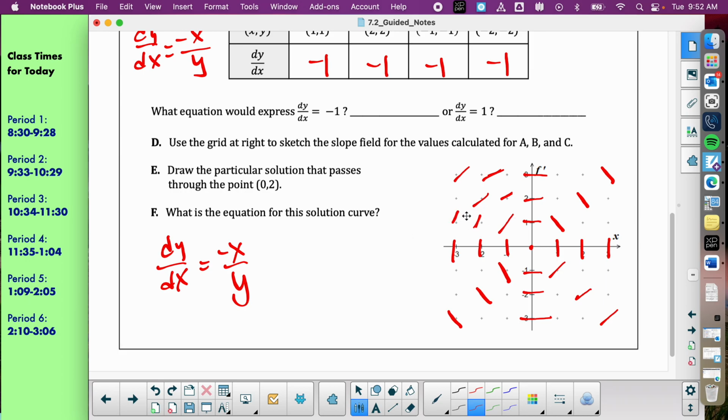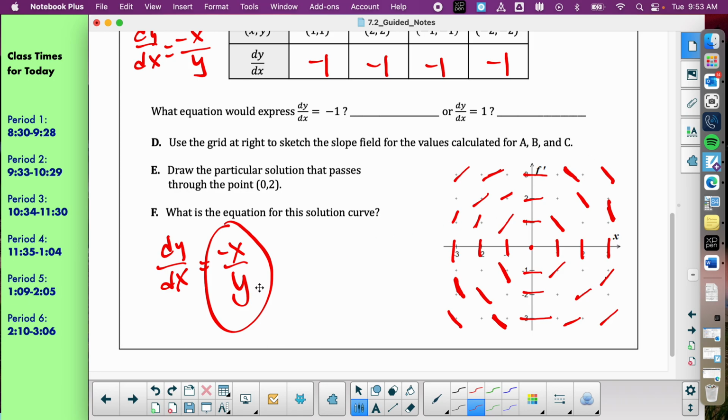I mean, we can see that these are creating a circle. So what this is telling us, the general solutions to this differential equation would all be circles.